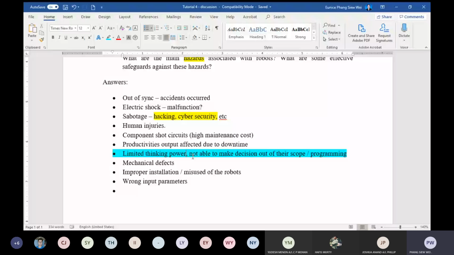What are they going to do? That's where, as engineers, we will also have to design how to make sure they are prepared, to train your operators up to a certain level of skills, so that when they are being replaced by robots, they are still needed to do something else.